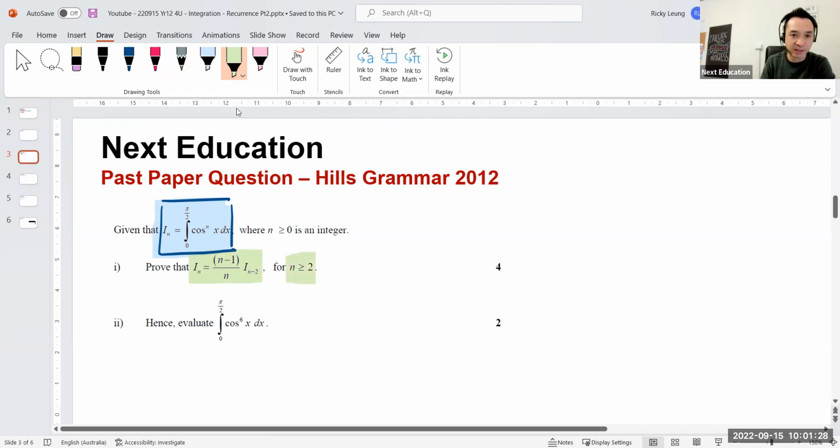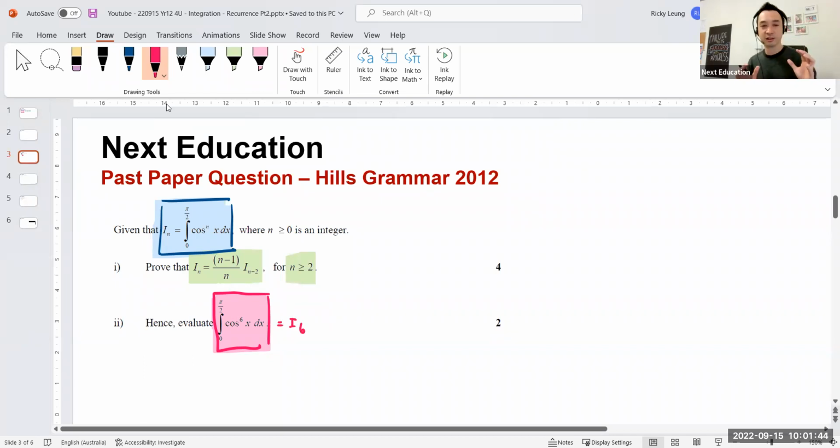Then in the second part, for 2 marks, there's a value I have to find once I prove the recurrence statement, and power 6 looks like that's I6. The question is quite straightforward: prove that recurrence statement, then use it.